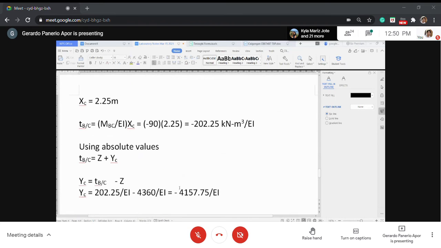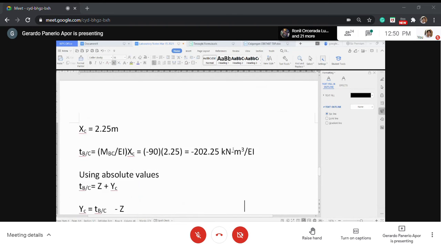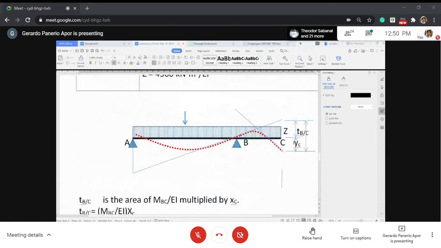Ano? Huwag mo natin nagamit ang moment ko sa kilonewton, Newton meter cube lang yapon. Huwag mo natin nagamit ang EI. Okay. Now, we will analyze why it's negative. No? Why it's negative. That means that ang Z mas dako og value kaysa YC.